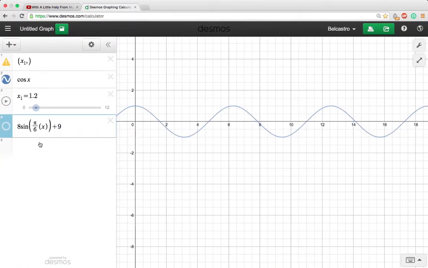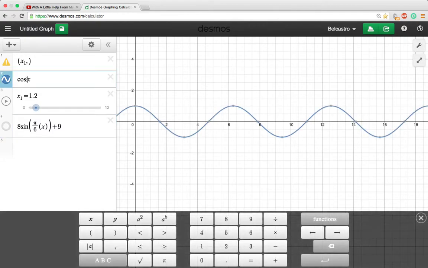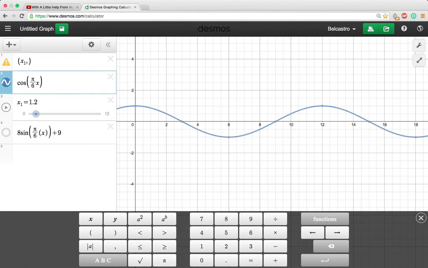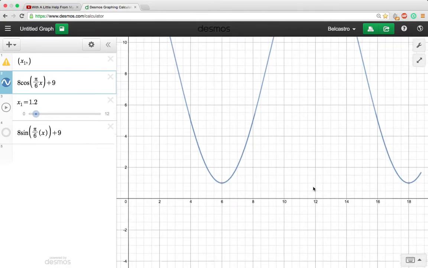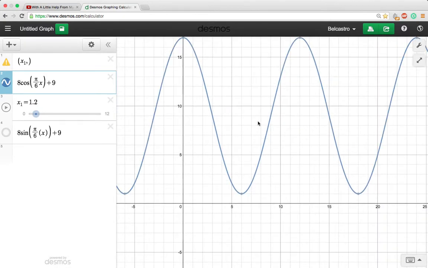What we already have here, we have a cos, okay? And we said that our k value was going to be pi over 6, pi divided by 6. Okay, we said our c value was going to be positive 9, and we said our a value was going to be 8.